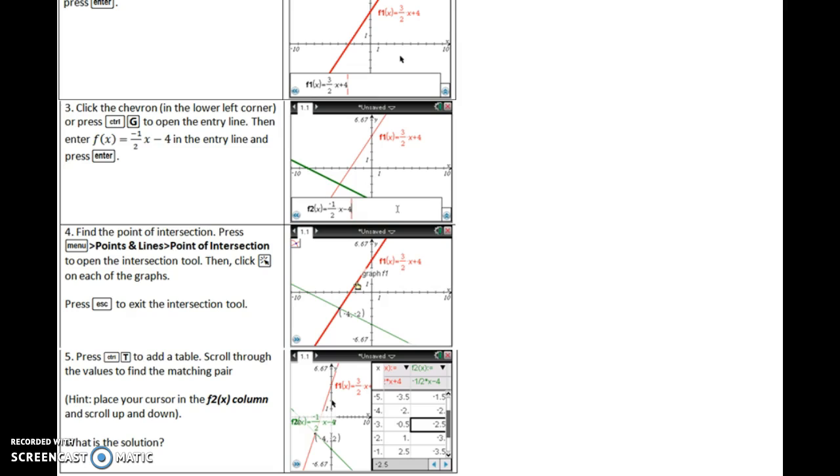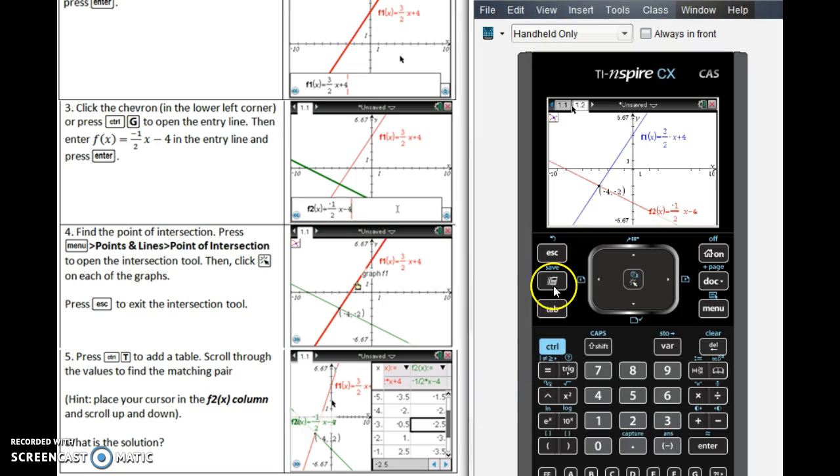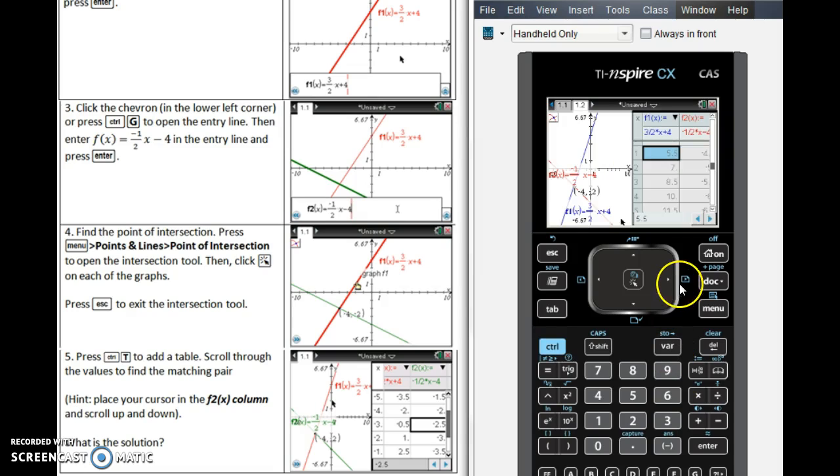And I want to show one more thing on the calculator, which is the table. When I have two functions in there, f1 and f2, if you hit Control T, it gives you a table, and you can scroll through the table and find out when those values are equal. They're not equal right now.